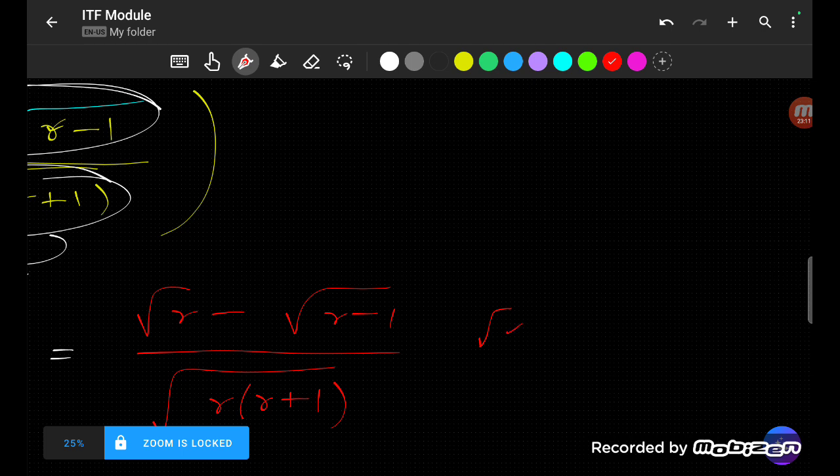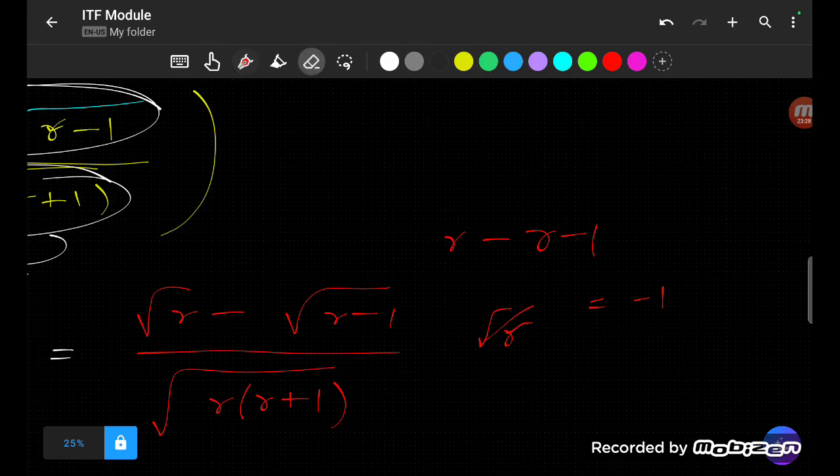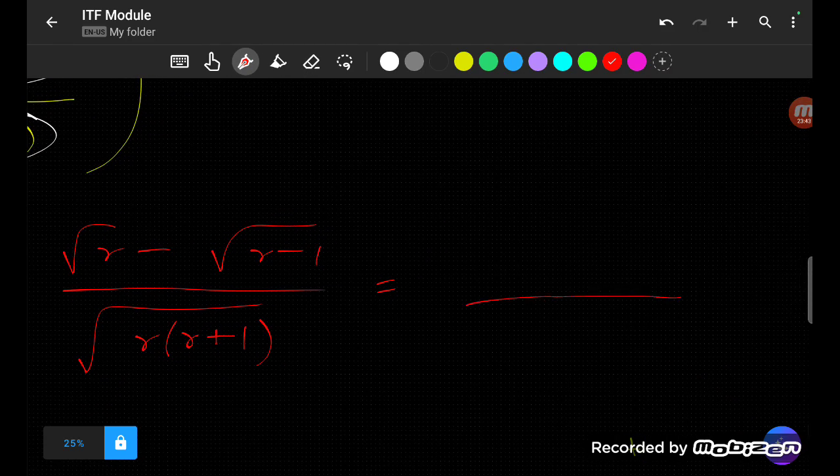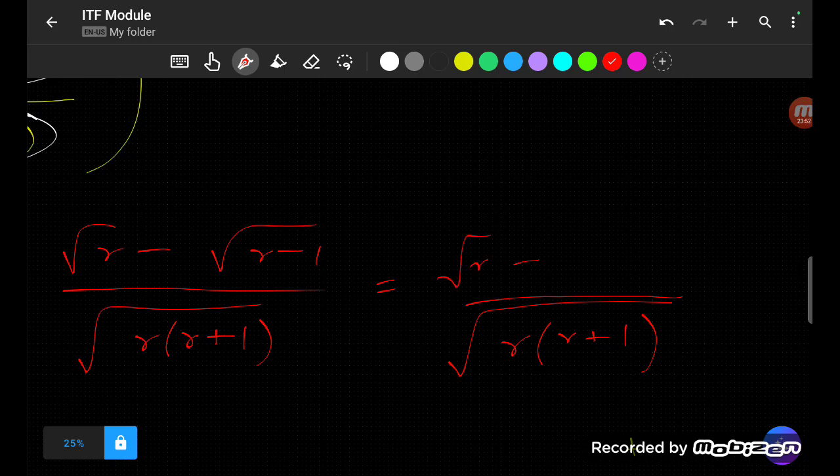If this was root r plus root r minus r plus 1, I think it's under root r.